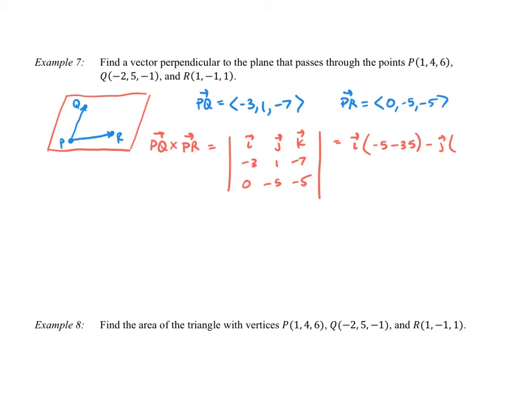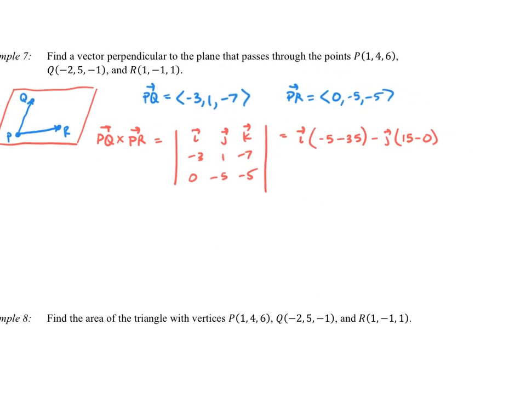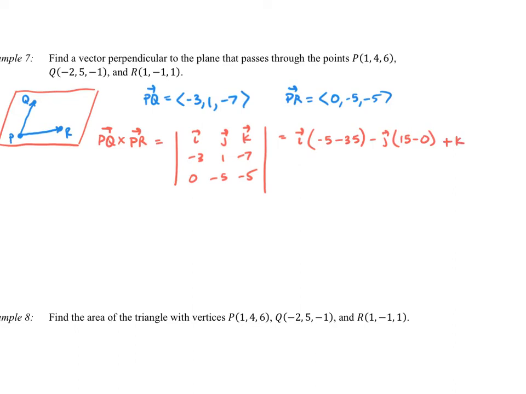So we have 15 minus 0. And then for K, we have -3 times -5 again, so 15 minus 0. So our vector, I'm just going to write it in this format, is going to be -40, -15, and 15.